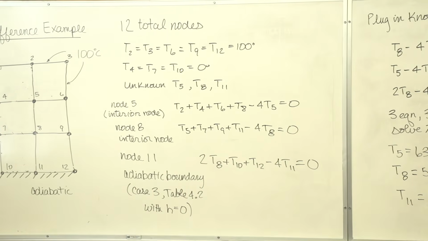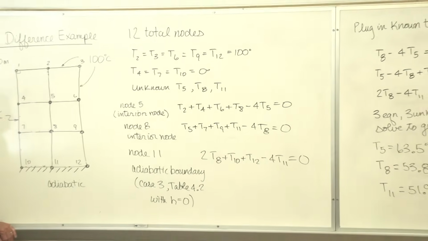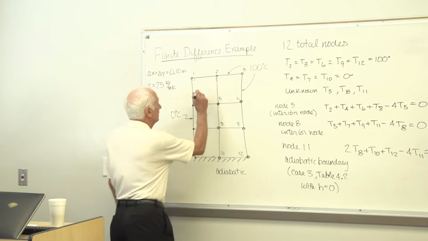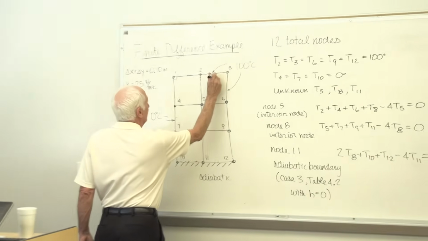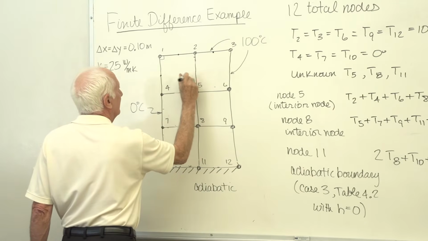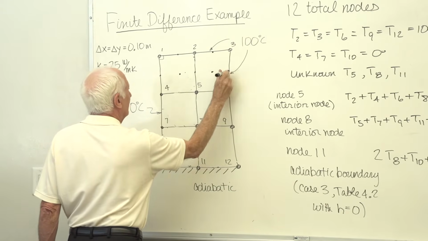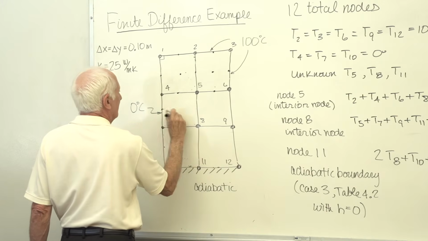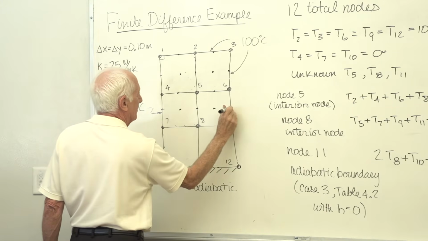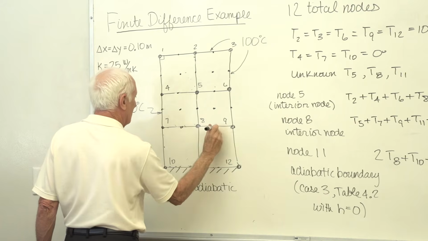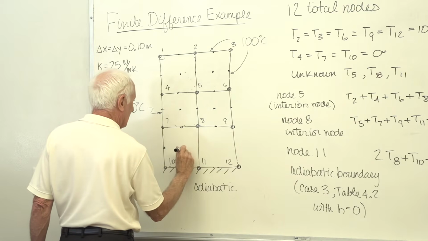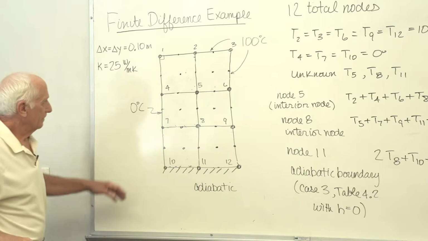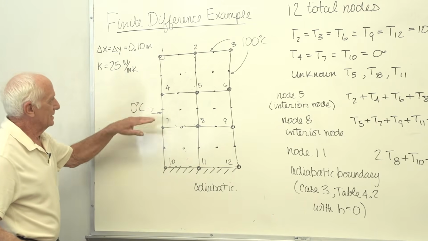Say, okay, this is a 10 centimeter grid. Let's make it a 5 centimeter grid. Okay, I cut the grid size down by half.